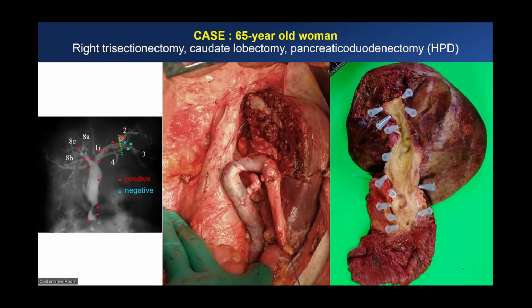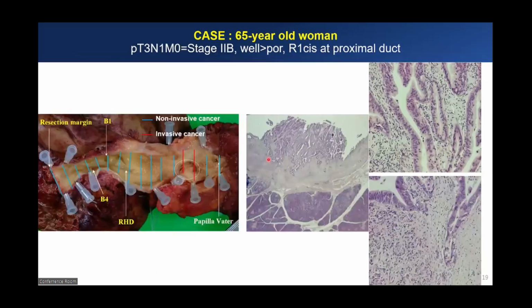The resection line of the bile duct is here. But unfortunately, the patient had a positive CIS margin. Now, this is an invasive cancer component, and the invasive cancer CIS spread more widely than we anticipated. And the resection margin ended up positive with cancer CIS.